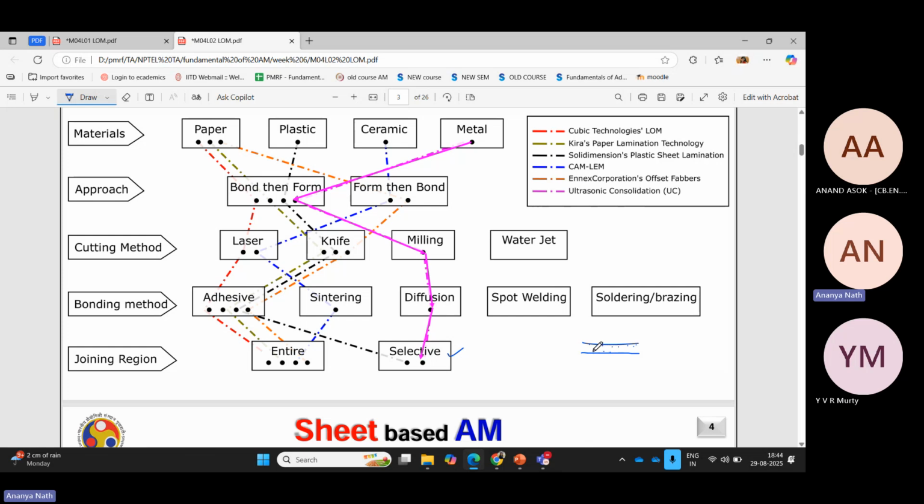It's not melting properly, but diffusion means the atoms of the last layer, or the electrons in the conduction band, are getting diffused into each other so that these two metal sheets can be joined properly. It's not melting. It's not welding. It's not glue. It's diffusion bonding. The atoms are getting diffused from the two joining surfaces of the two metal sheets.